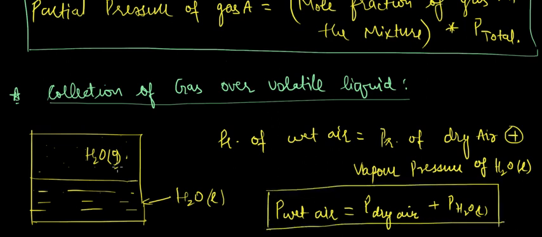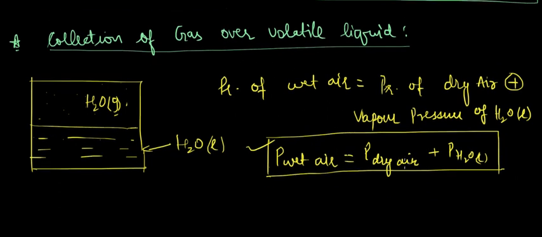So we are assuming that the vessel initially contains some dry air, and now it will also contain the vapor pressure of H2O(l). Hence the total pressure of wet air will be pressure of dry air, which was initially present, plus vapor pressure of H2O(l).